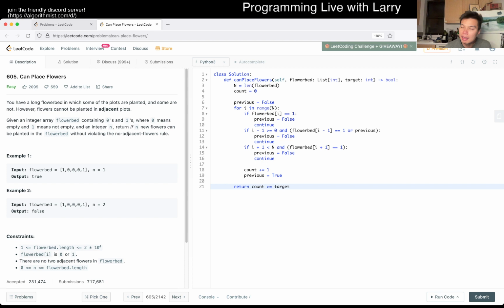If you do it in linear space, this is pretty straightforward. But I'm trying to think whether these are all the states that I need for constant space. So let's give it a spin at least. Hopefully, if I'm wrong, it gives me a wrong answer very quickly.